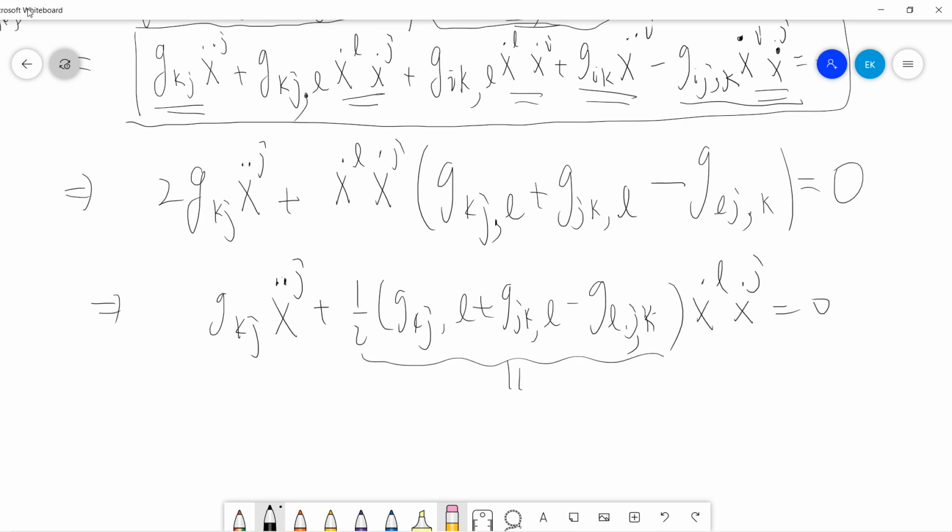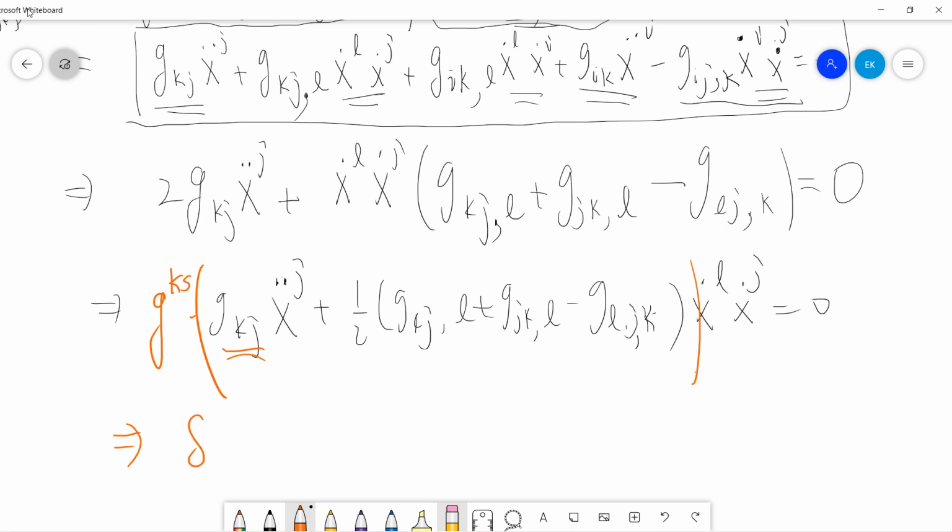So then we might define this as, wait, let's just define it later. Finally, I just want to eliminate this stupid term, so I can just multiply by g. I need to cancel this k, so I multiply by the inverse matrix of this, g^ks. So the first term becomes delta, because the inverse is defined that way.